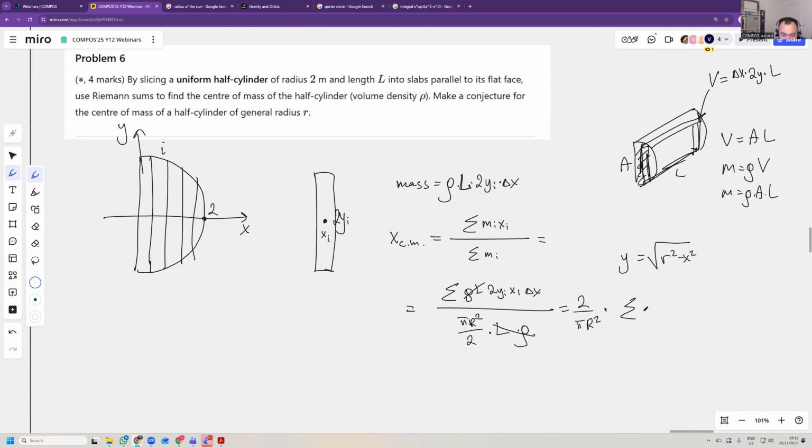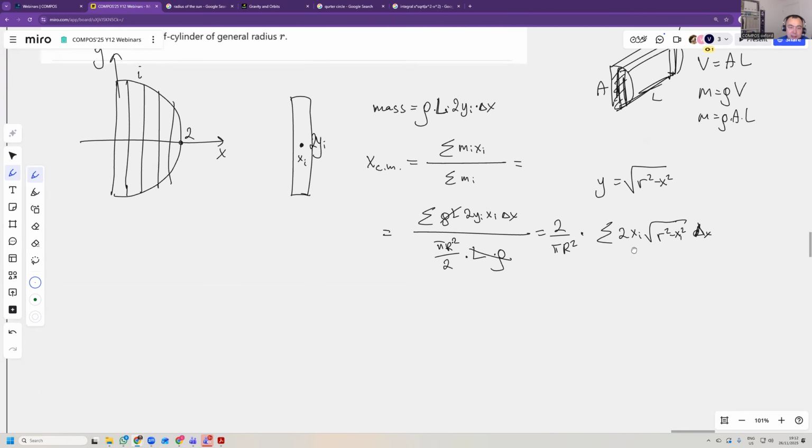Again, the sum of 2xi square root of r squared minus xi squared delta x.